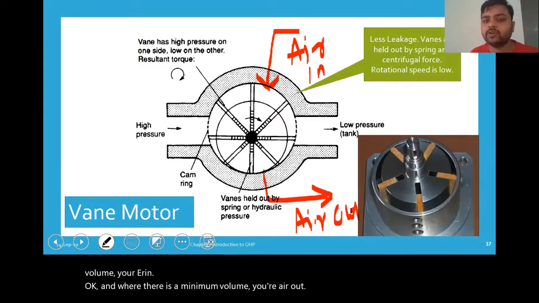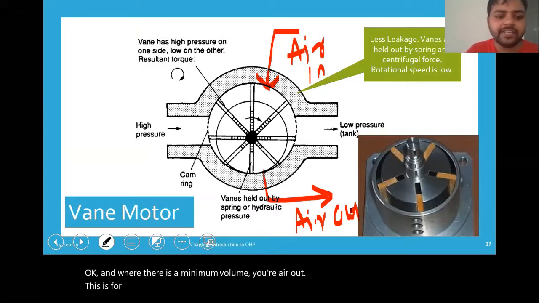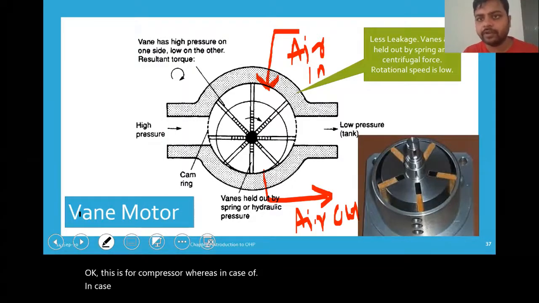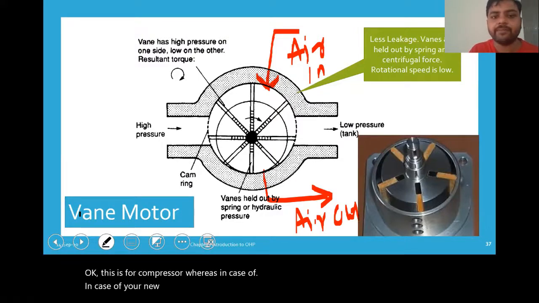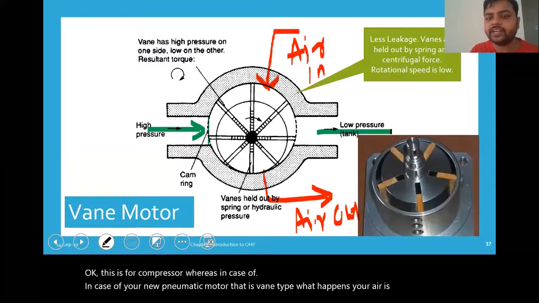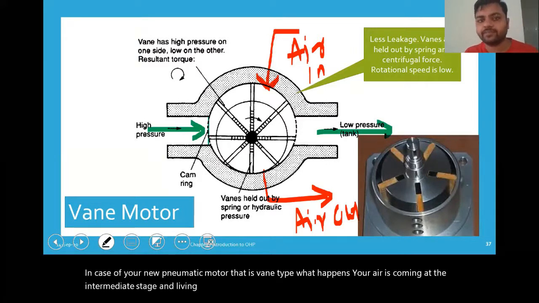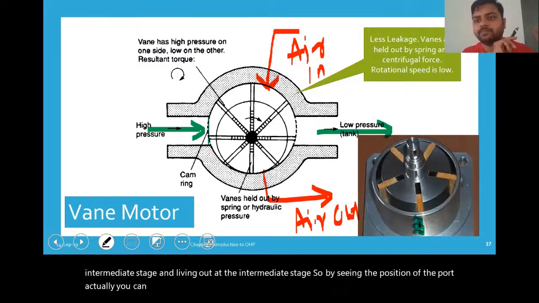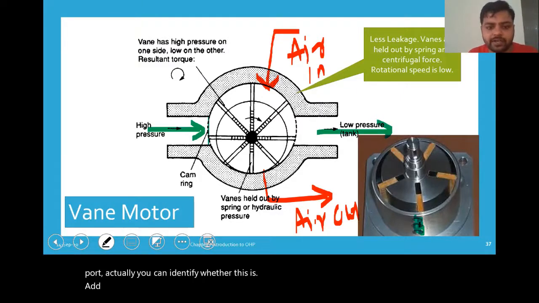This is for the compressor. Whereas in case of your pneumatic motor, that is vane type, your air is coming in at the intermediate stage and leaving out at the intermediate stage. So by seeing the position of the port, actually you can identify whether this is a vane type compressor or vane type motor.